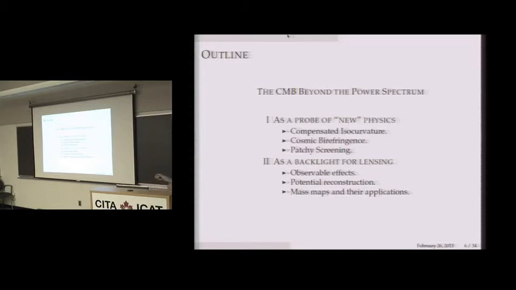And then in the second part of the talk, I'm going to talk more about high-resolution data that we have from Planck and ACT and SPT that we can actually use to constrain non-Gaussian or statistically anisotropic effects that we expect at very high sensitivities from effects like gravitational lensing.